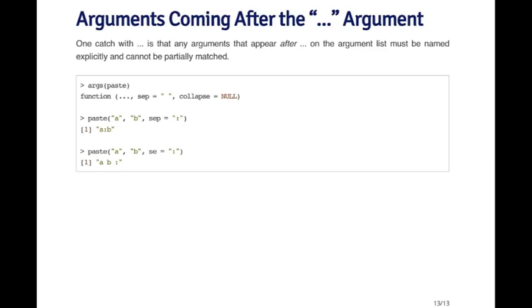So when I say paste A, B, and then SE equal to colon, the SE in another circumstance might be partially matched, but in the paste function it can't use partial matching, so it just ignores that and assumes that colon is just another string to be pasted together, and so you get the string AB colon. So just be careful when you're using functions that have dot dot dot as an argument, that any arguments that appear after the three dots have to be named explicitly and in full.